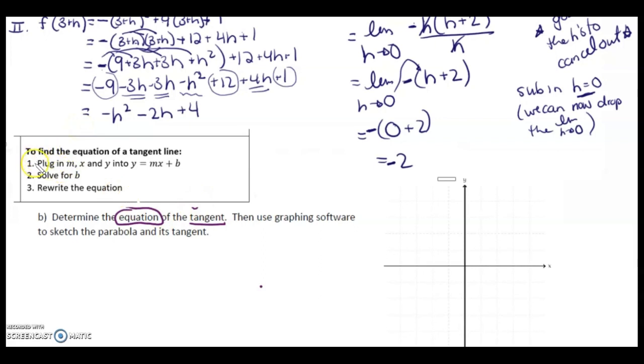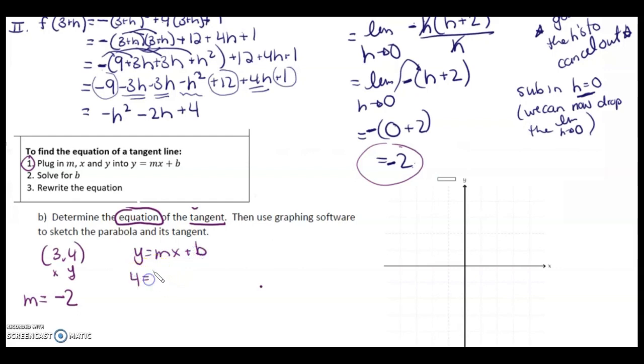Step 1, plug in m, x, and y. We have one coordinate, it's (3, 4). That's going to be our x and our y. And then we also have the m. The m value is this instantaneous rate of change, that's what the slope of the tangent is, negative 2. So y equals mx plus b.